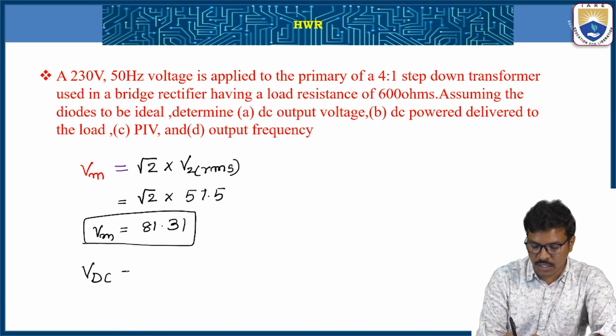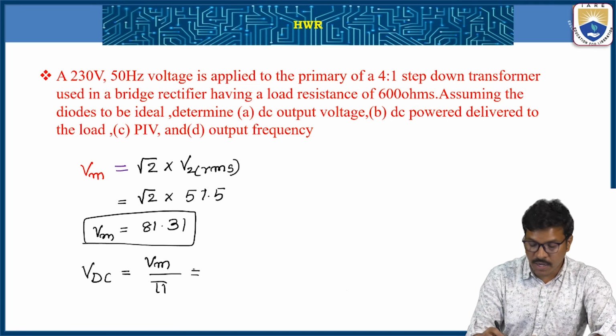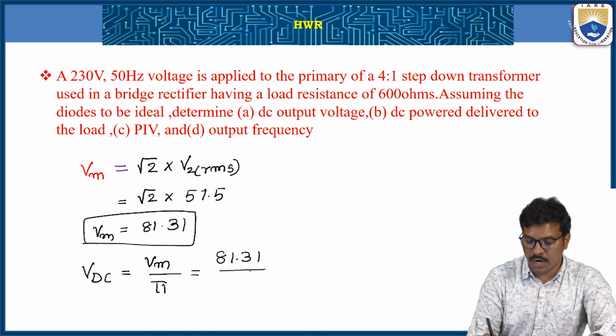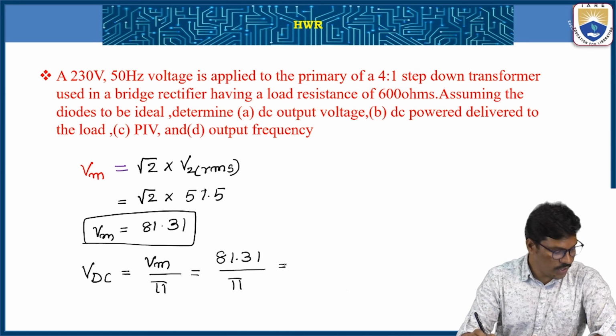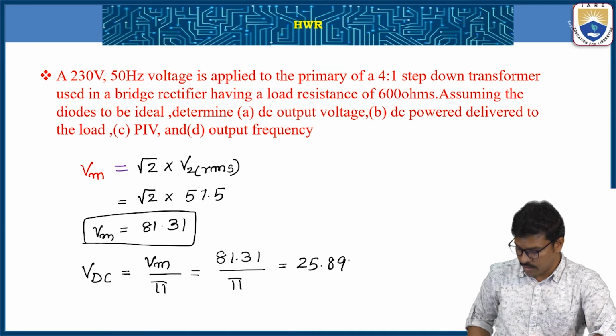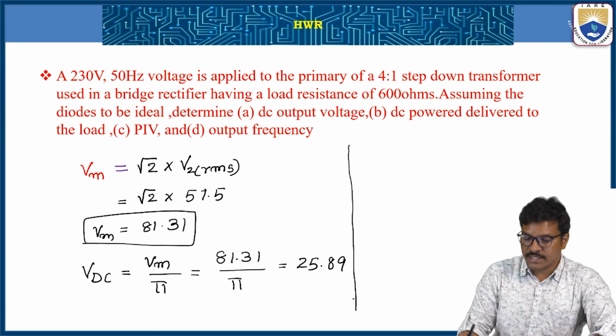So now substitute VDC. VDC is equal to Vm by pi. What is Vm by pi? 81.31 divided by pi, you will get 25.89. So this is VDC.